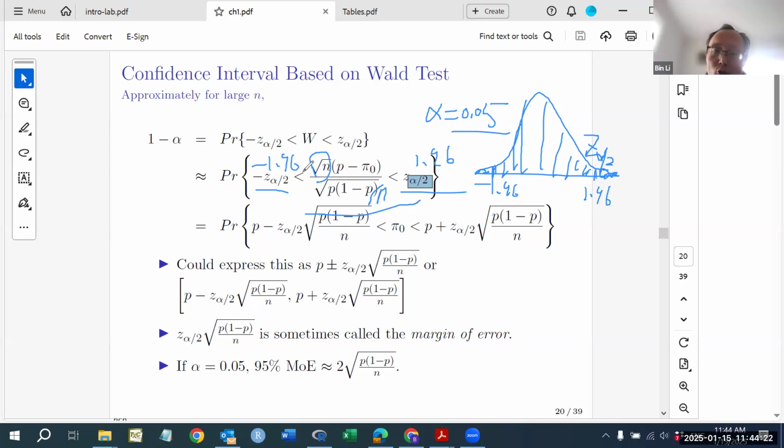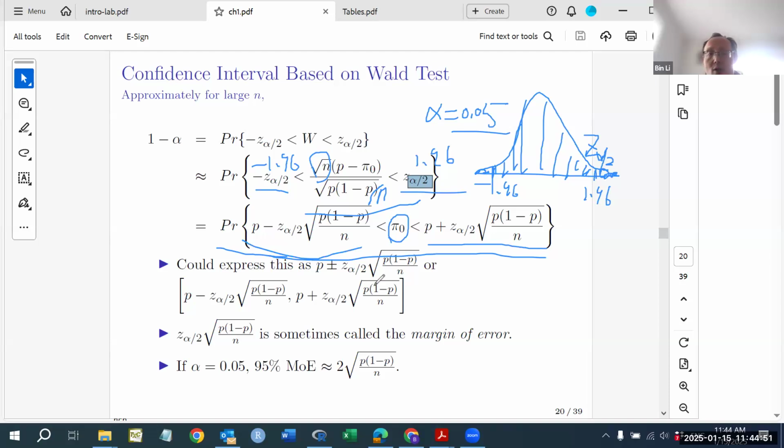Then I divide both sides by the inverse of that, and then do some additions and subtractions, and you can easily find the confidence interval is this one. It's very simple math. So the confidence interval has the upper bound is this one, lower bound is this one.